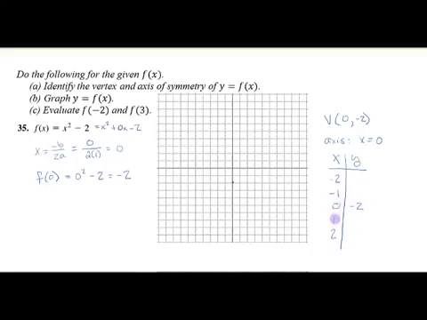If we put in a 1, 1 squared is 1, minus 2 is negative 1. Put in a 2, squared is 4, minus 2 is 2. Put in a negative 1, squared is 1, minus 2 is negative 1. And put in a negative 2, squared is 4, minus 2 is 2.